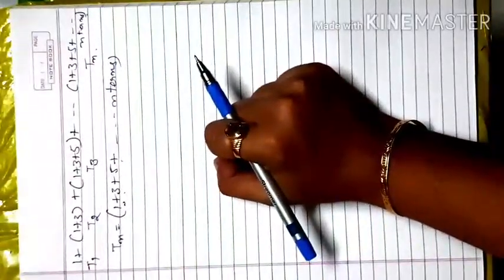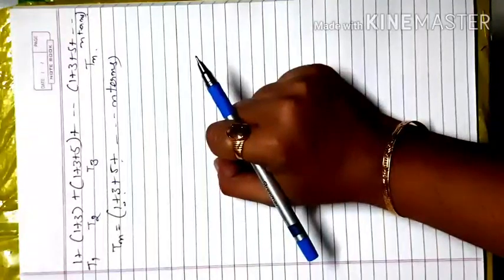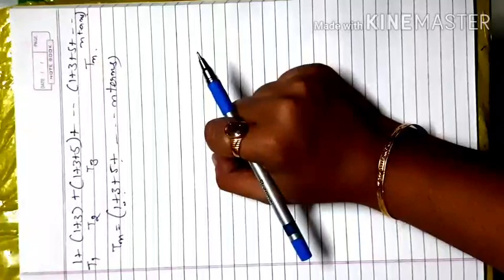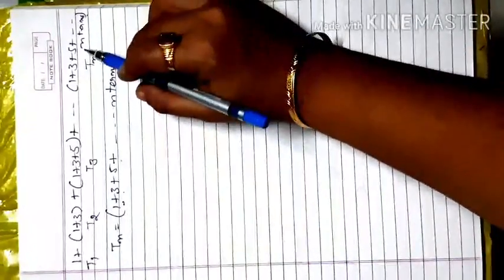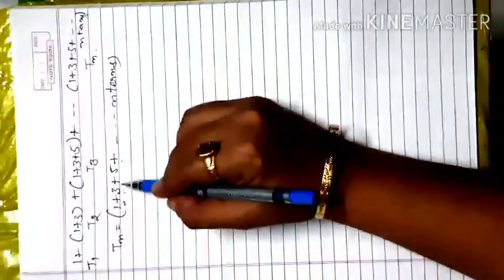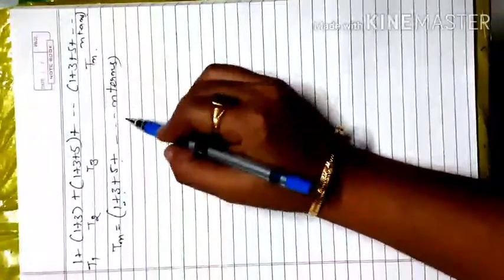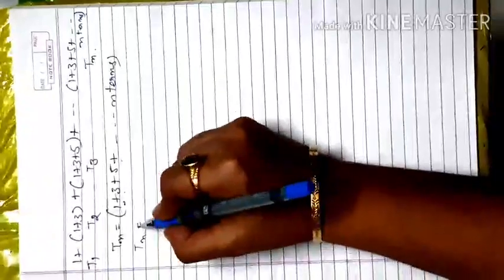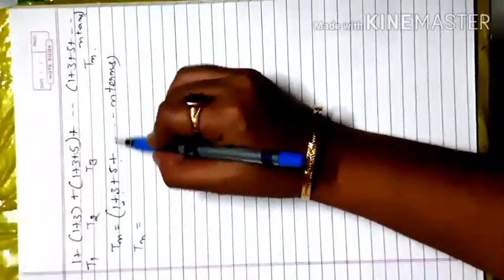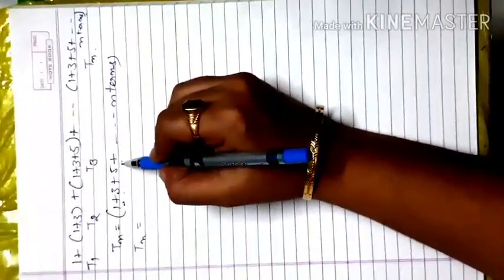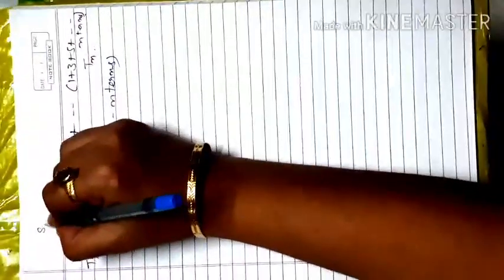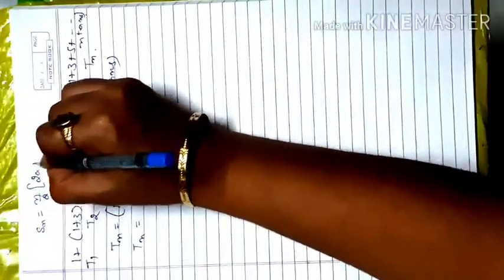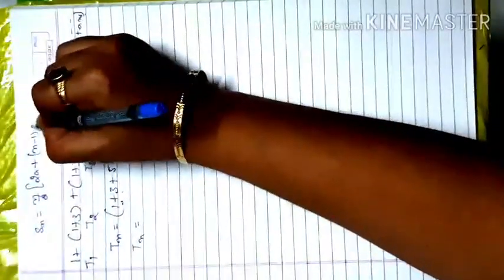To find the sum of special series terms, you have to first find the nth term. Here the nth term is 1 plus 3 plus 5. To find it, I will go with the sum of this series. This is an AP series, and the formula for the sum of n terms of an AP is n by 2 into 2a plus n minus 1 d.